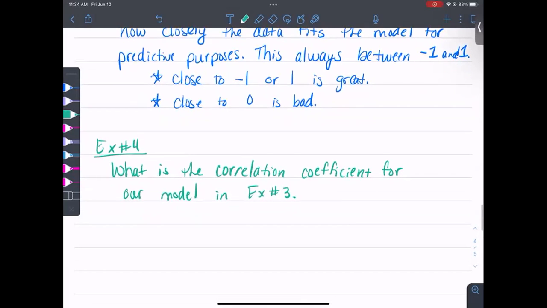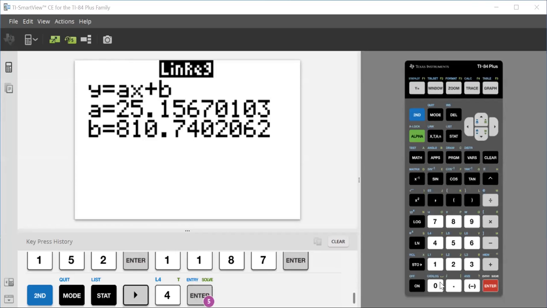Okay, so let me switch back to my calculator application. And here I need to turn on diagnostics. So the easiest way to me to get to that is using something called the catalog. Look above the 0 button on your calculator and you see in blue the word catalog.